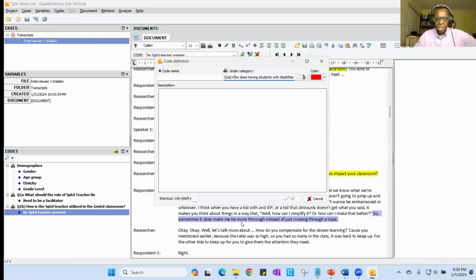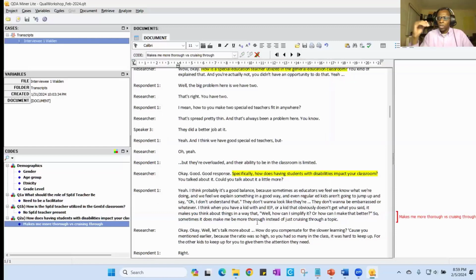Sometimes it makes me more thorough instead of cruising through. I'll say that: makes me more thorough versus cruising through. Yeah, okay, let's do it. And then we click OK.